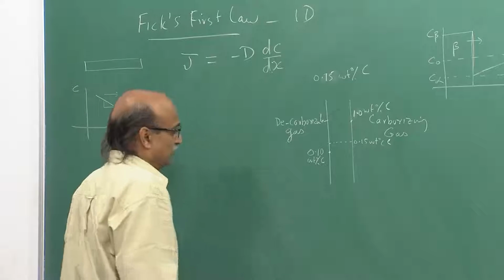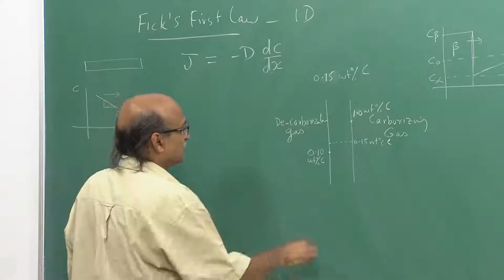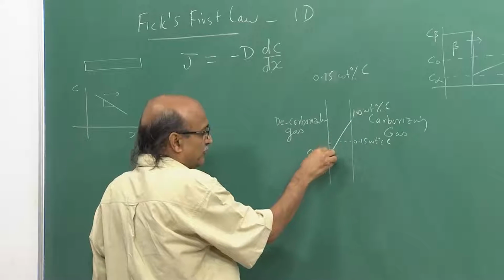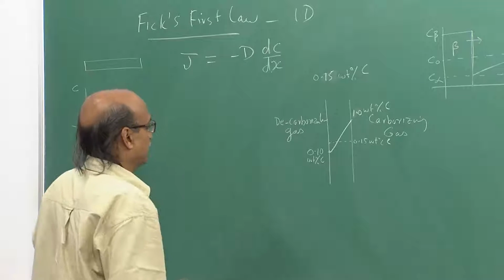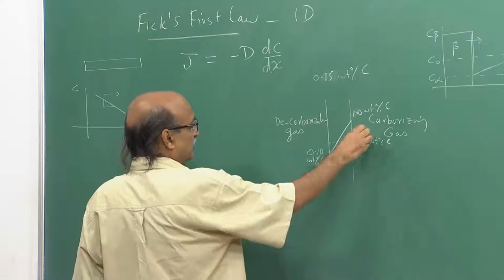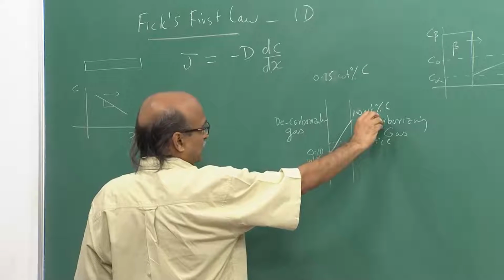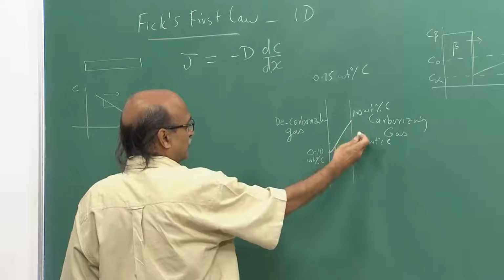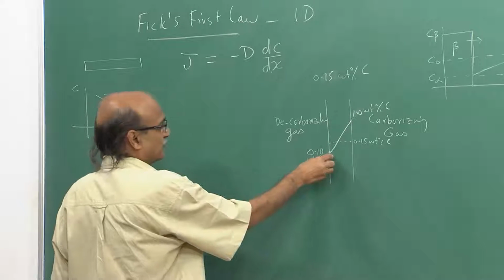But eventually, when the steady state is reached, then the concentration in this mild steel sheet will be given by this straight line. So, here it is 1 weight percent, here it is 0.1 weight percent. So, there is a continuous flux of carbon going into the sheet from the right hand surface, and there is a continuous flux out.